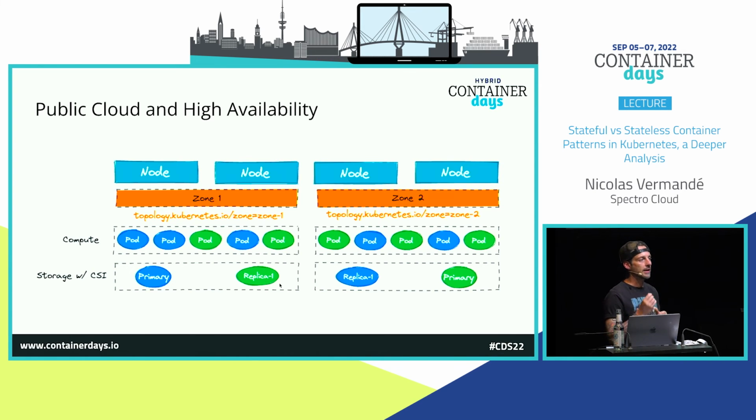And then you can apply what we call topology spread in Kubernetes that guarantees you have your pods evenly distributed among the nodes that have different labels associated with this. And if you have the right CSI, you can do exactly the same thing. So spread the replicas of your PVCs across different regions, so that when a zone or a region dies, you can recover in another region.